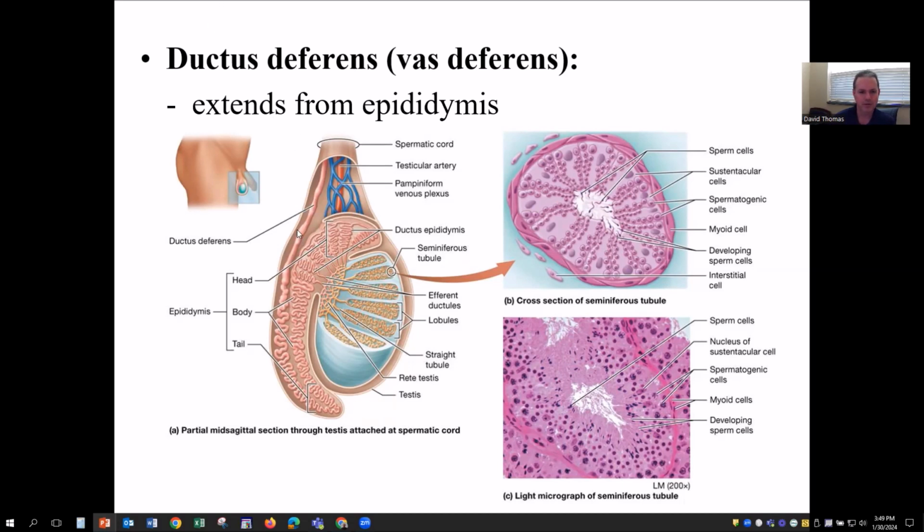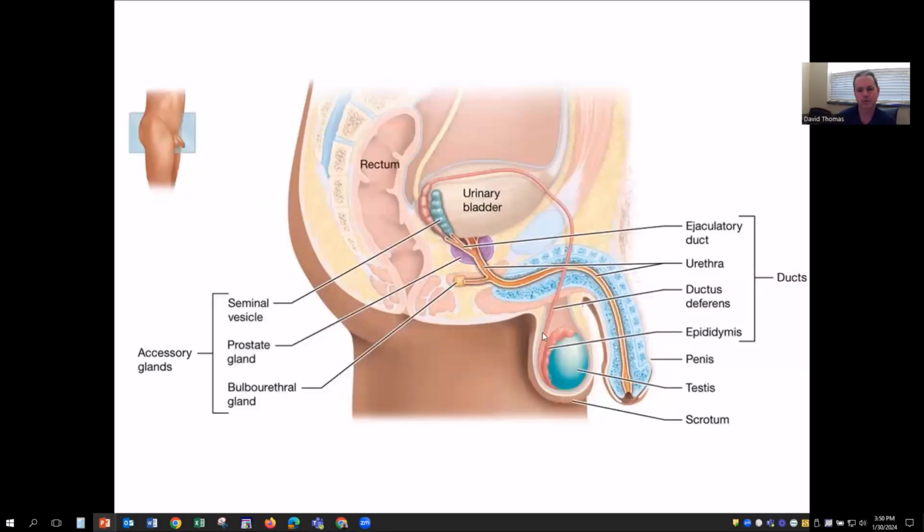But if you notice, that extends from the epididymis, and you can follow this tube known as the ductus deferens. So there's just another side view here. Here's the epididymis, and you can follow the ductus deferens all around. It will circumscribe the side of the urinary bladder, where it's going to come close to 3 different glands that we need to talk about.